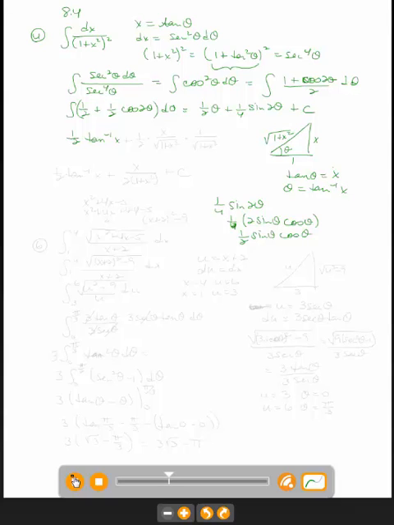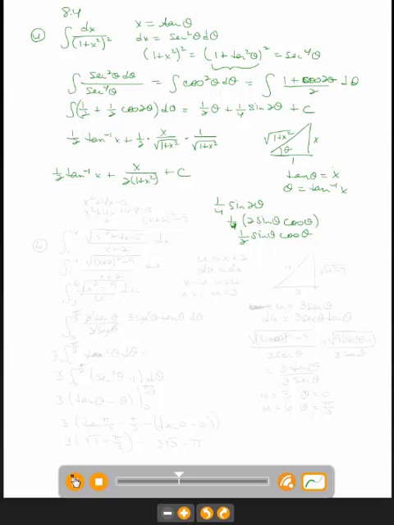So back up here to my 1/2 arctan of x, I would have that, and then plus 1/2 times, what's the sine of theta? It's opposite over hypotenuse. And the cosine of theta is adjacent over hypotenuse. And so I end up with 1/2 arctan of x plus, square roots are going to cancel, an x on top, a 2, and a 1 plus x squared on the bottom, plus my c.